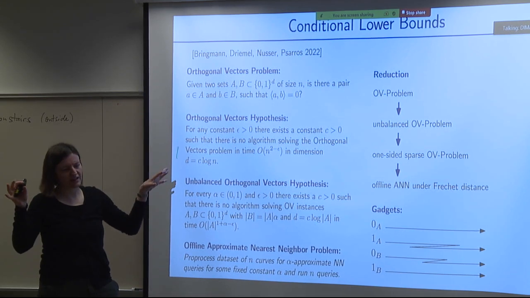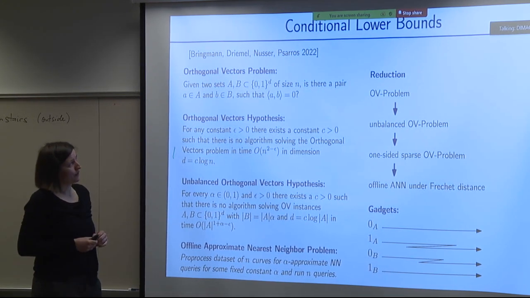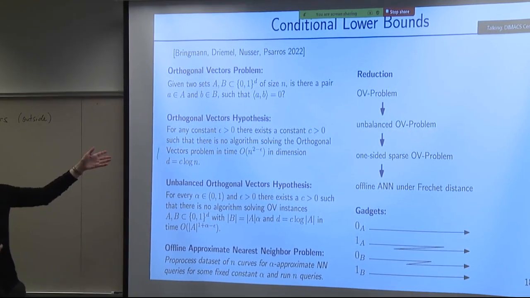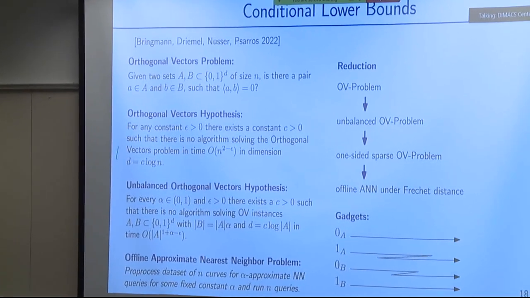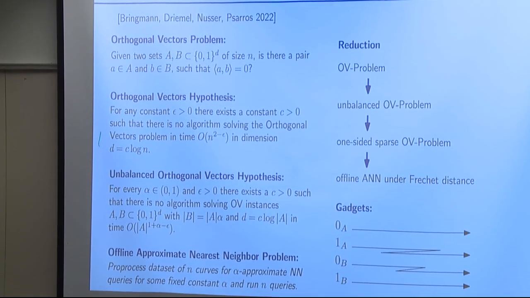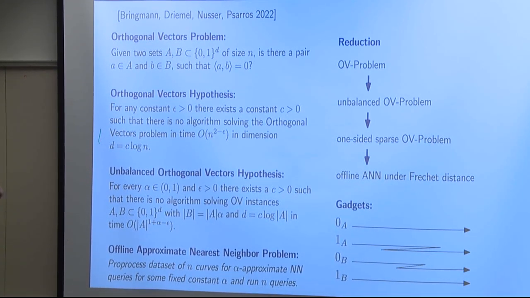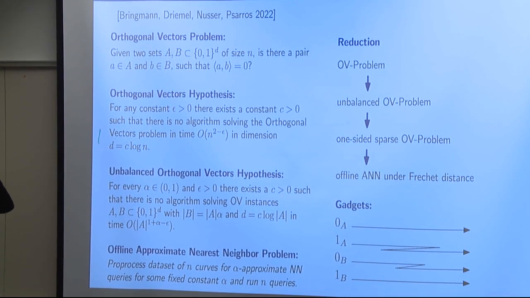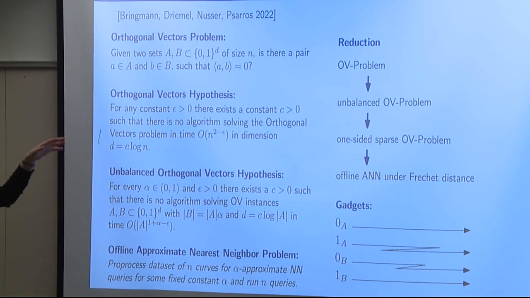You want to know, is there a pair of vectors that are orthogonal? The orthogonal vectors hypothesis tells you that there's no subquadratic algorithm for this. The strong exponential time hypothesis implies this, but it's also a hypothesis that stands on its own. So people believe in this and do reductions from it.